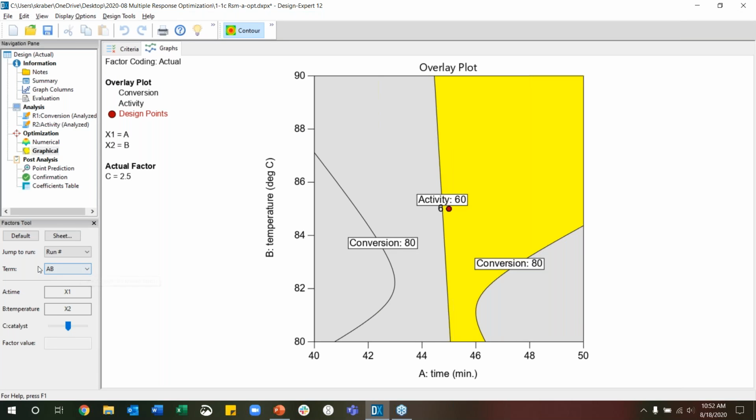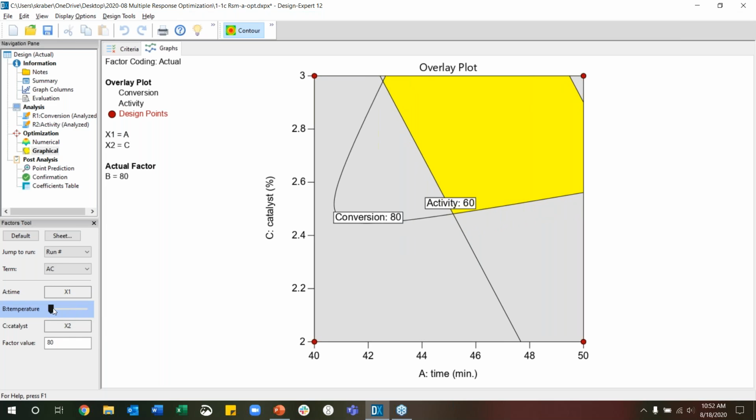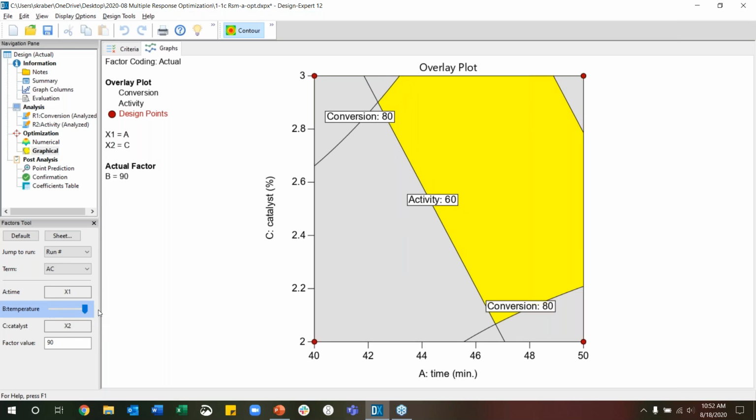And I am going to switch this to the AC view because it's a little more interesting. So here's the picture of the time versus catalyst for either 80 degrees or I'll put it on 90 degrees, because 90 degrees was the better temperature.